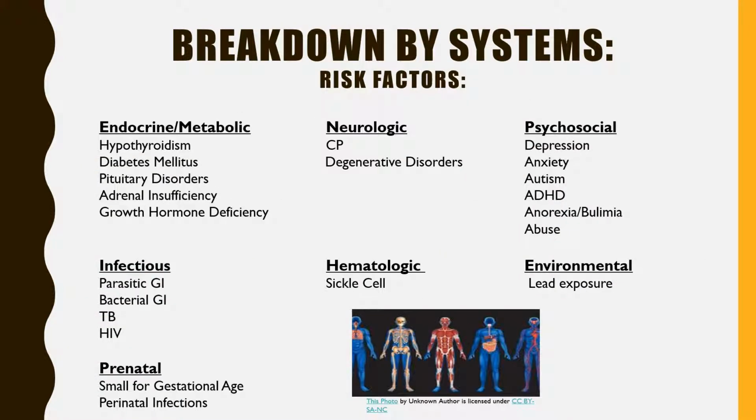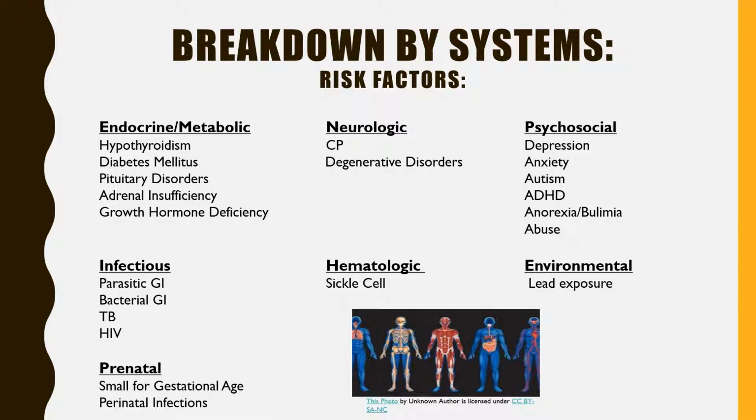Other risk factors include the endocrine and metabolic systems, neurologic, psychosocial, infectious, hematology, environmental, prenatal care. If you look at the endocrine, we can see hypothyroidism, pituitary disorders, adrenal insufficiency, growth hormone deficiency.